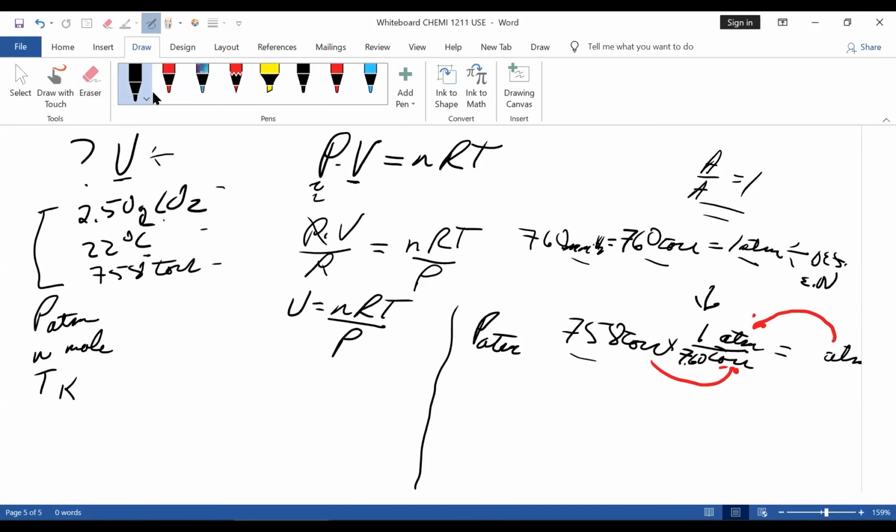And I cheated. I did the calculation ahead of time. And if you do it, let me write it down here, to 3 significant figures, that's what you get.